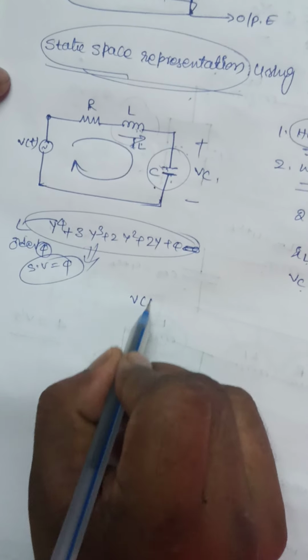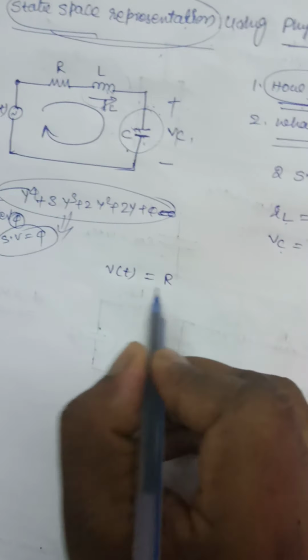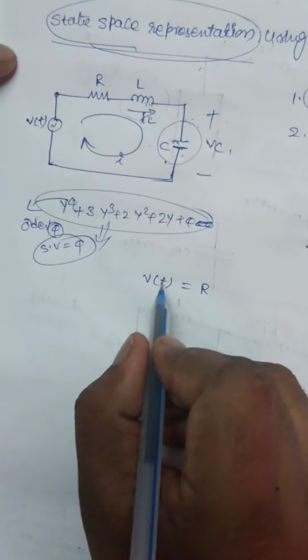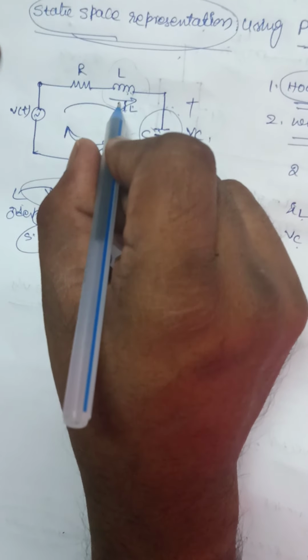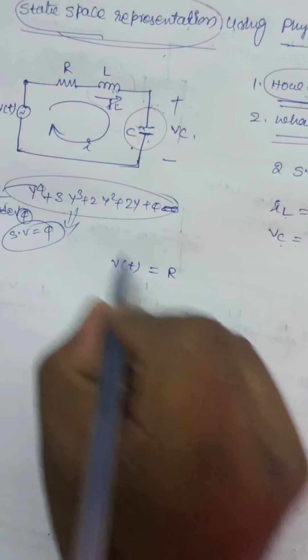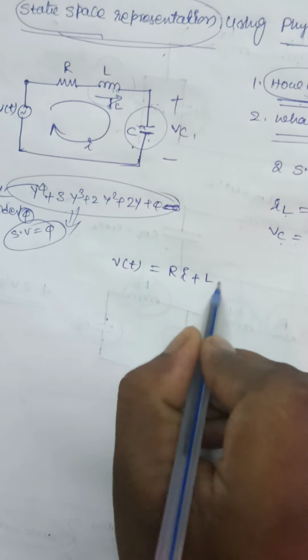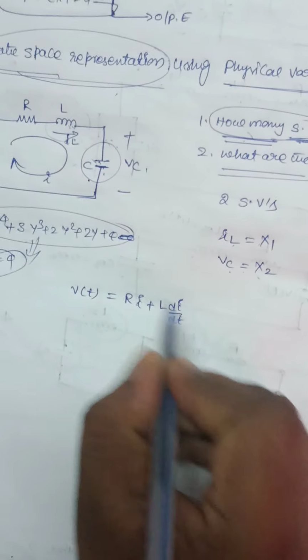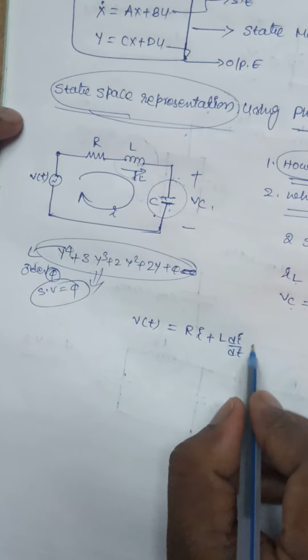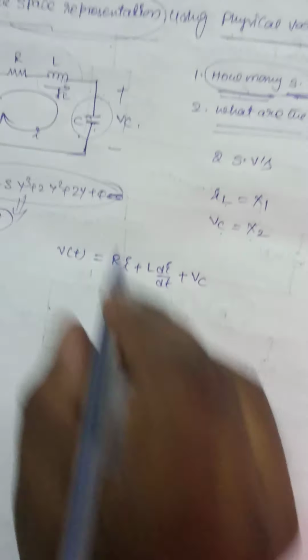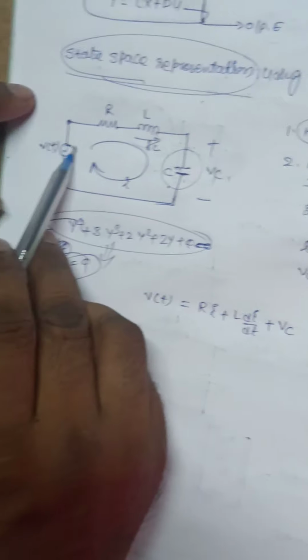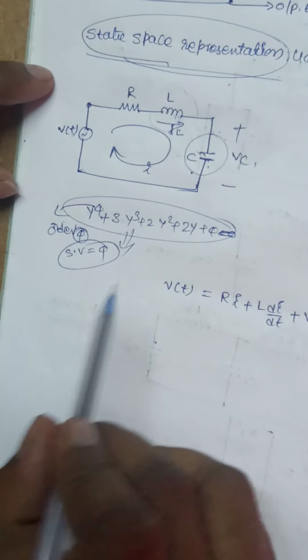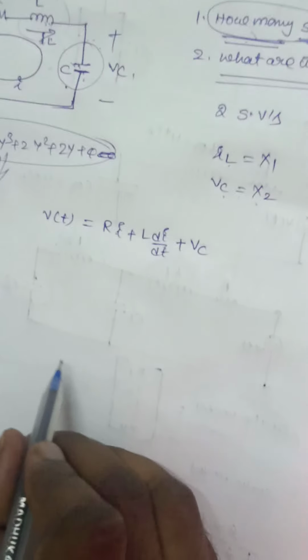V of t is equal to R into I, where I is the current flowing through this, plus L into di by dt, the voltage across the inductor, plus VC, the voltage across the capacitor. The algebraic sum of the voltages in a closed path is equal to 0, that is the KVL.